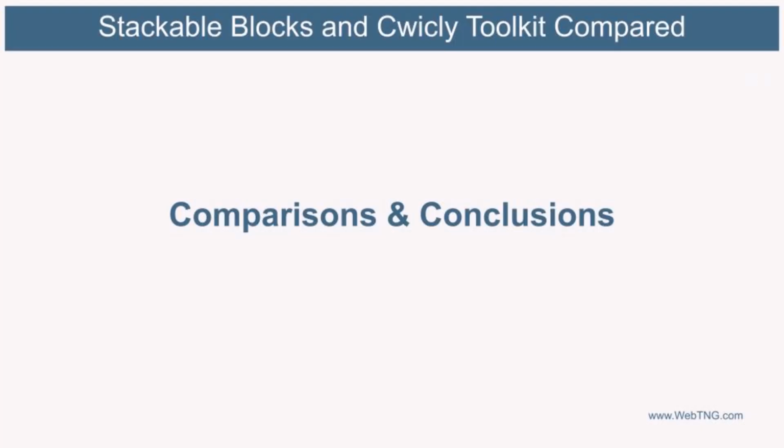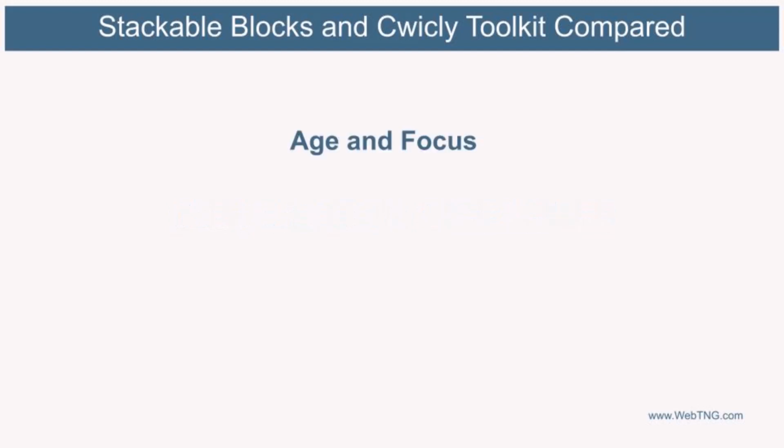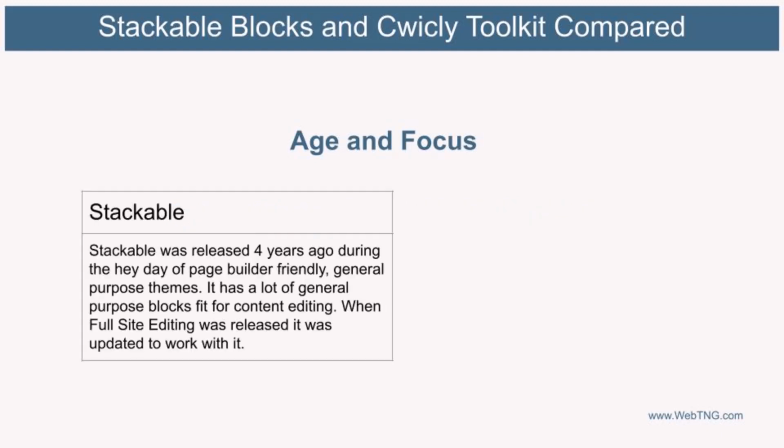So now that we've done a quick tour of Stackable and Cwicly, let's have some discussion and conclusions where we can compare them and highlight the differences and the strengths of each one. First, let's talk about age and focus. Stackable was released 4 years ago during the heyday of page builder friendly general purpose themes like Astra and Blocksy and Cadence.